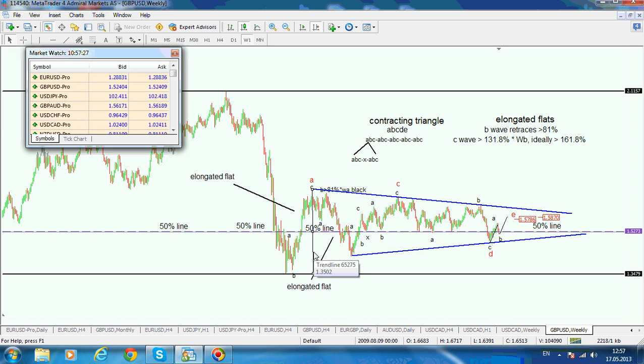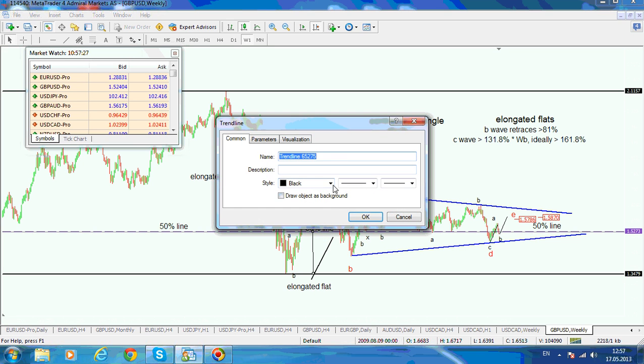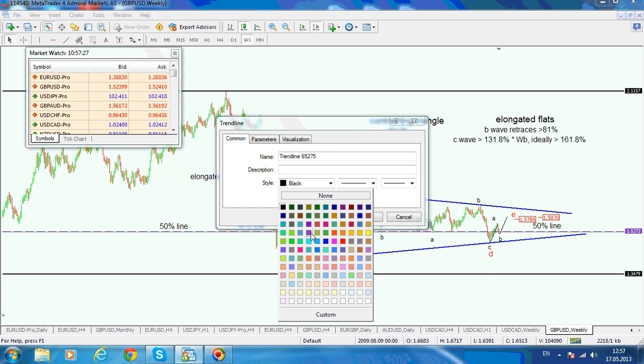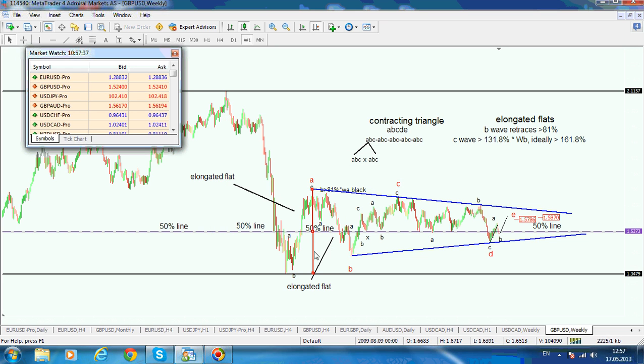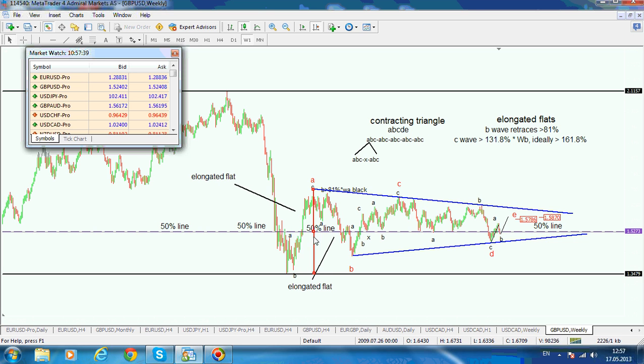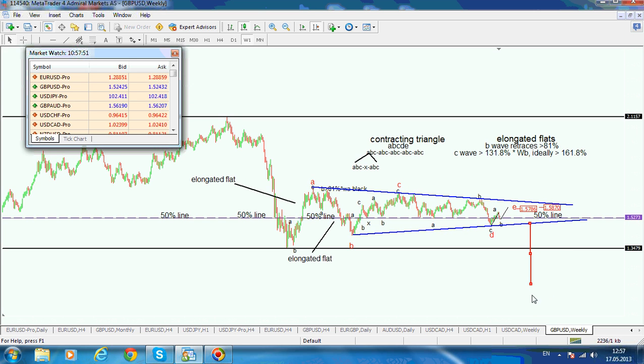Let's make it a different color. Let's make it red. And you copy this one, the height of wave A, and you put it at the moment of break. So let's say that the price breaks here. We don't really know, but if the price breaks here to the downside, then this should be your measured move.